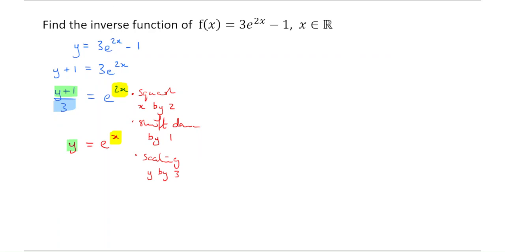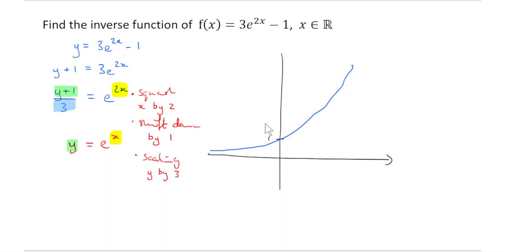So what do I anticipate? Well, we've got the usual graph right here, that's 1, of y equals e to the x. And what are we saying has happened? We're saying that this graph has been squashed in the x direction by 2. So we're expecting that it's going to be squashed like this, squash in the x direction.